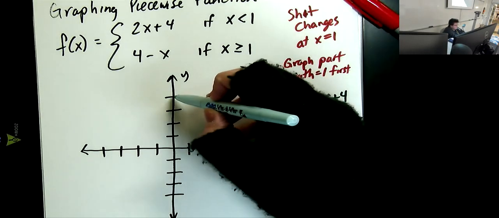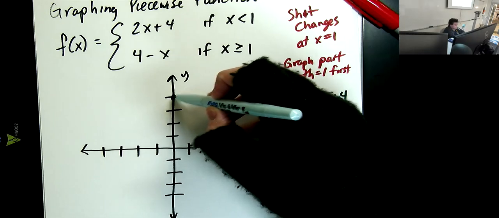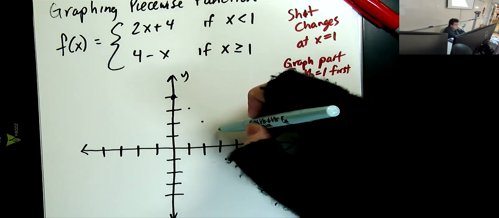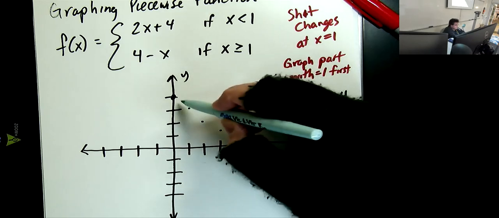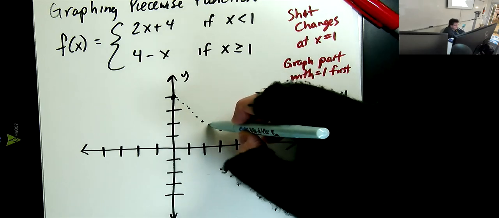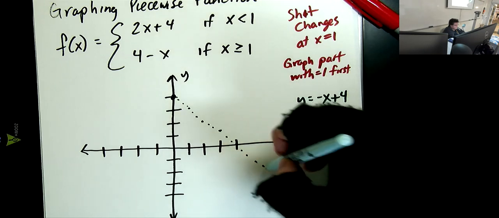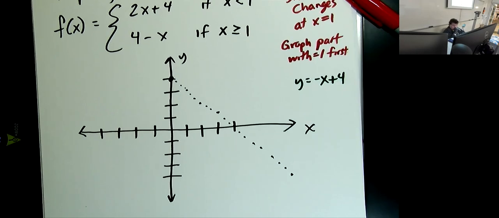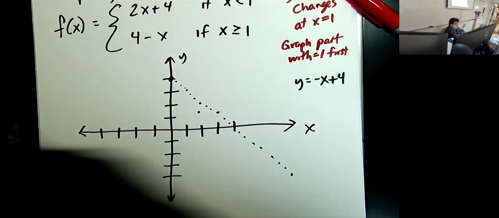I have an intercept at 4, and the slope says I'm going down 1 over 1 as I go down to the right. And it would go up the other direction.